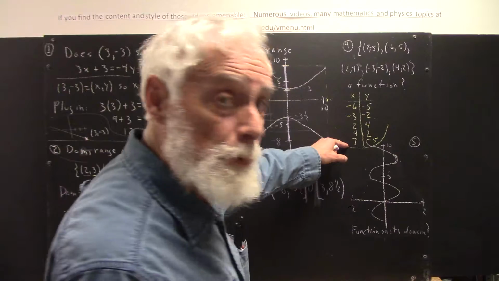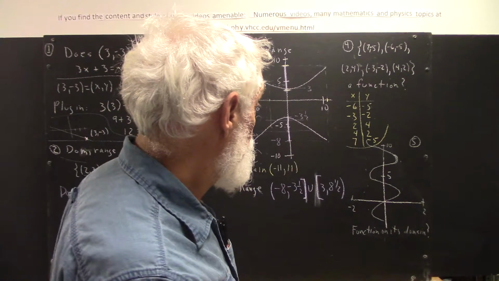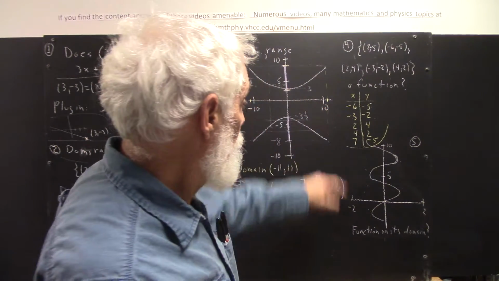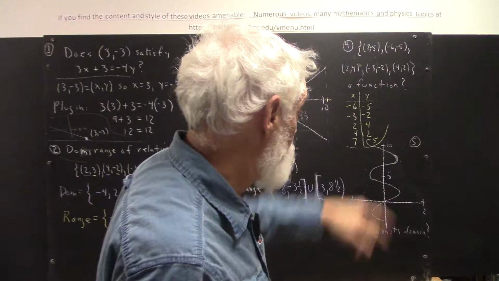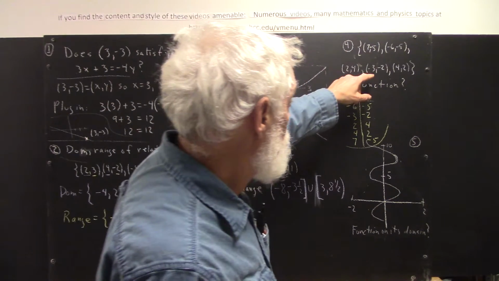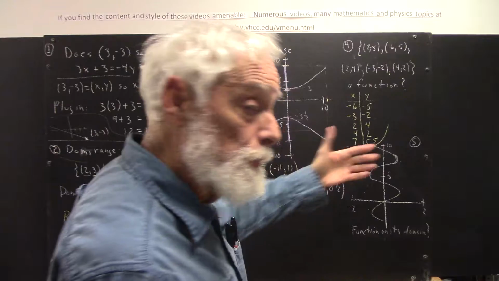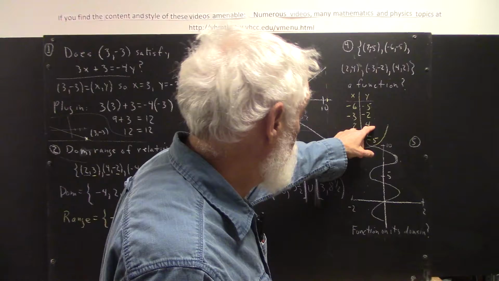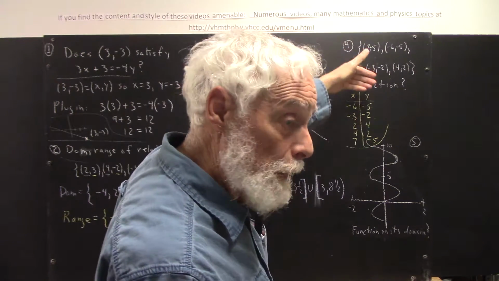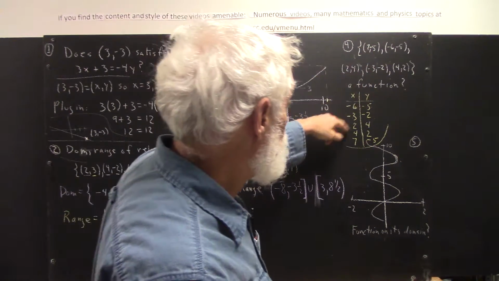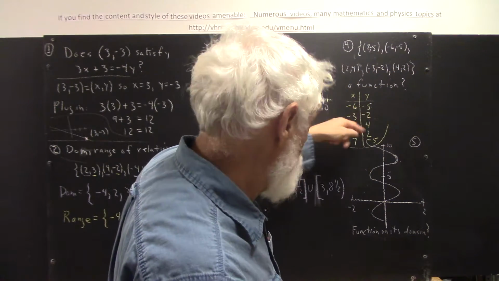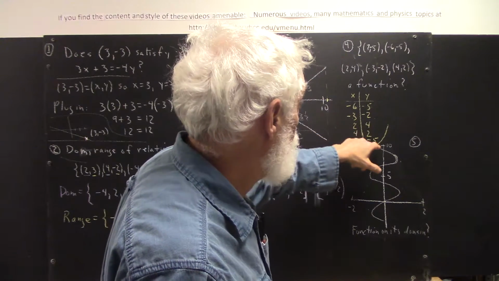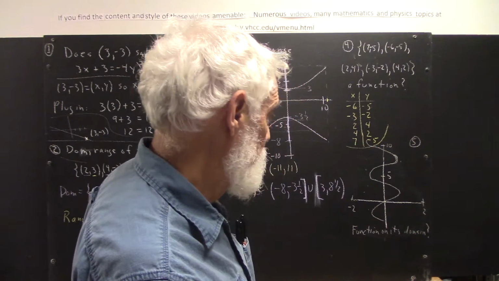Well, there's no problem with any of that, is there? The x values are negative 6, negative 3, 2, 4, and 7. And negative 6 occurs just here, so that y value is good. Negative 3 occurs just here. Y is equal to negative 2, so we can definitely say that if x equals negative 3, y equals negative 2. If x equals 2, y is definitely 4. There is no other value of y that's associated with 2. If x is 4, y is 2. And that's the only value of y that we get for x equals 4. And similarly, if x is 7, y is equal to negative 5.